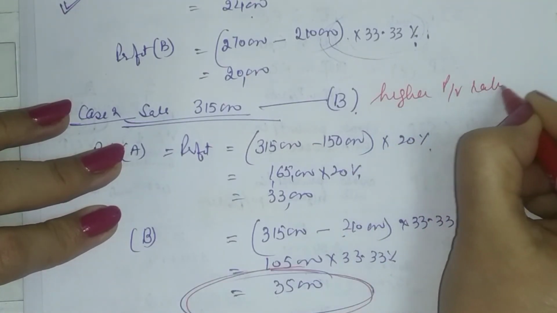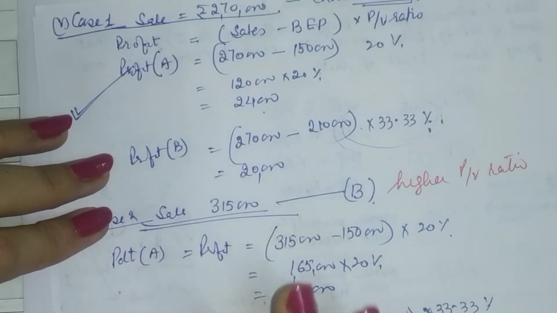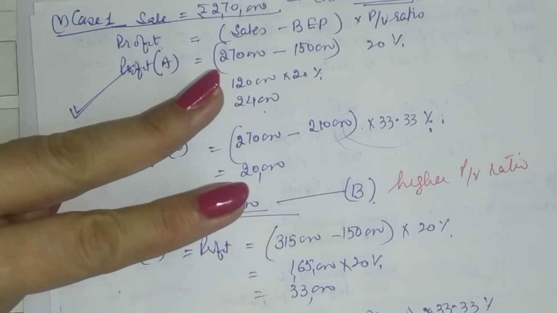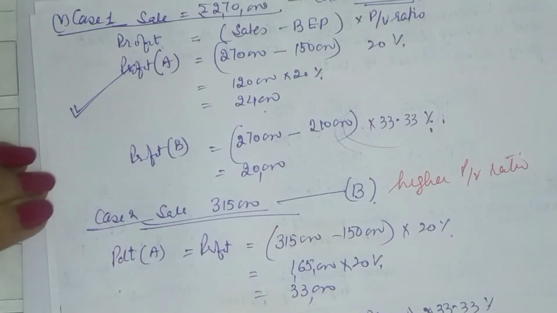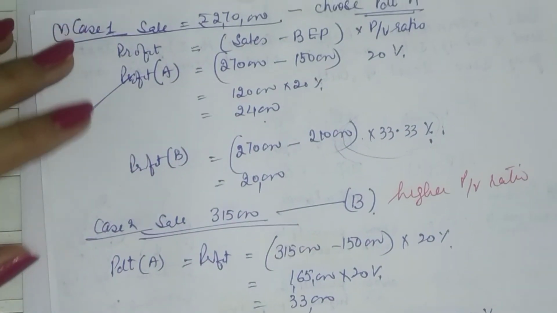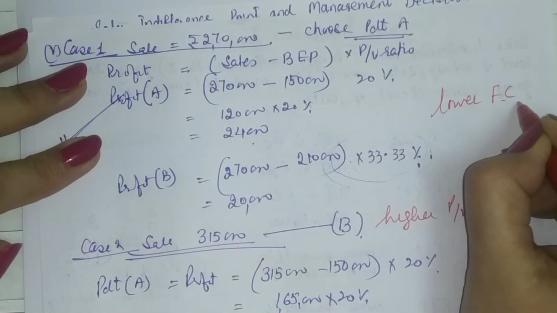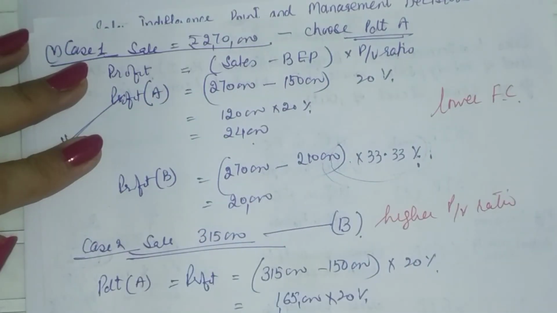Just remember, this is a break-even point. Cost indifference point is a kind of break-even for the two product lines. So if you go below this, then choose a method with lower fixed cost, because the benefit of lower fixed cost is not cancelled by the higher variable cost.